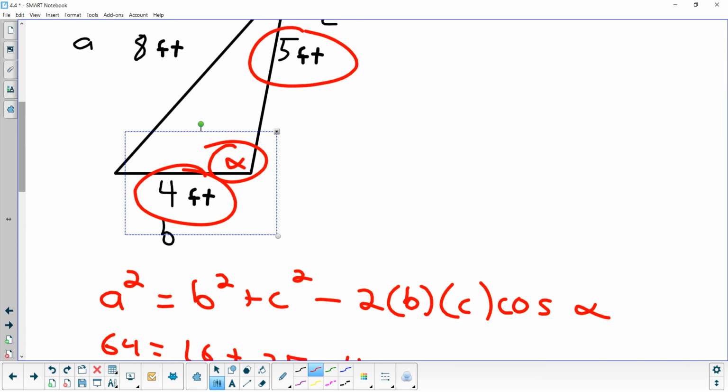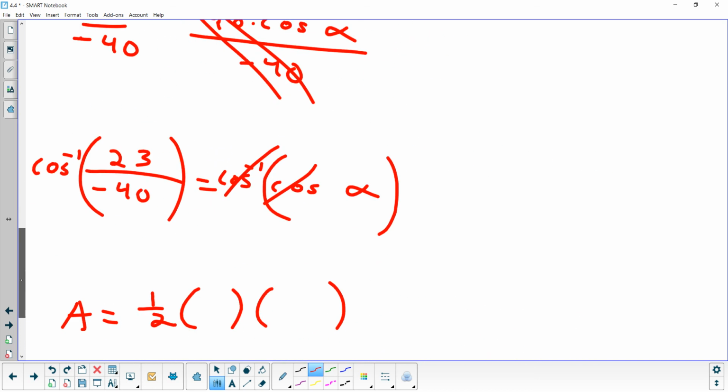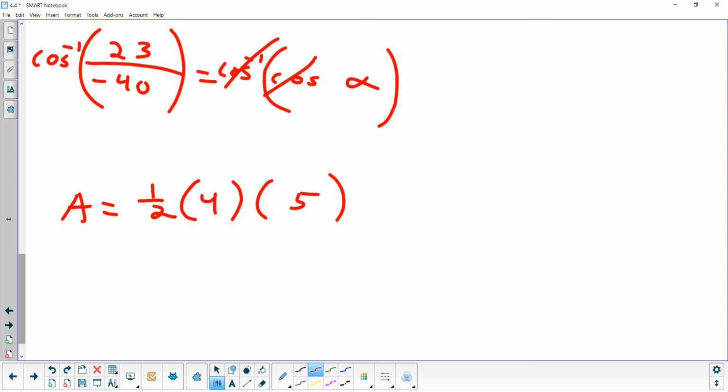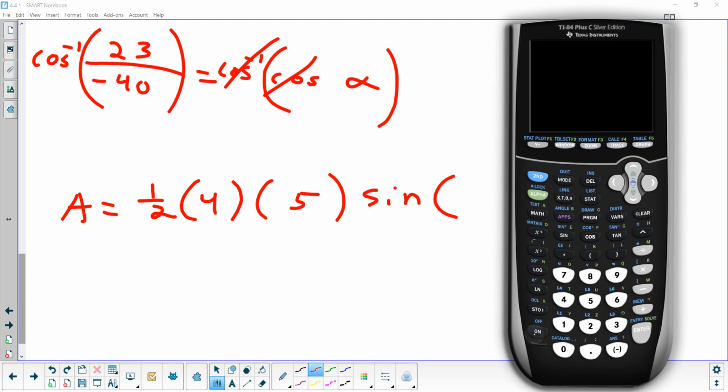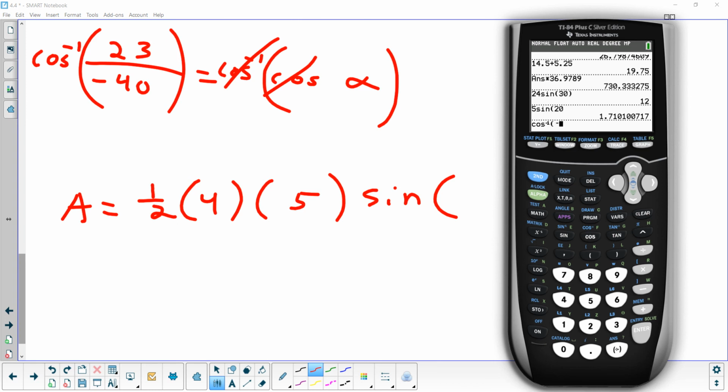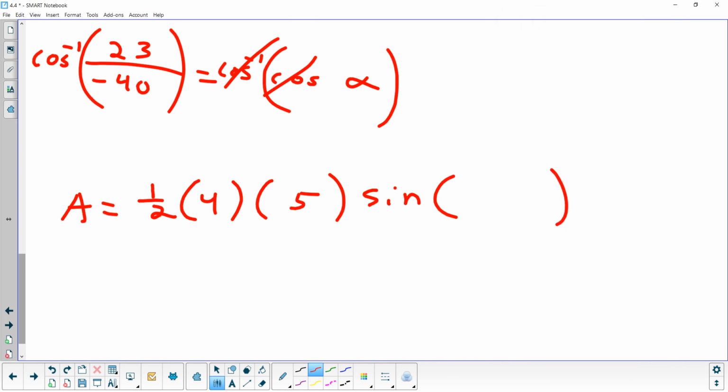So 4, 5, and alpha, which I still need to type in on the calculator, times the sine of the angle between them. Okay, and that's the inverse cosine of negative 23 over 40. All right, so inverse cosine of negative 23 over 40 gives me an angle of 125.1, which is going to round up.